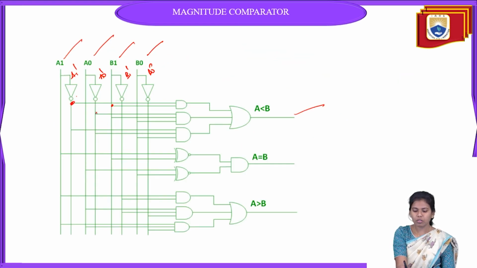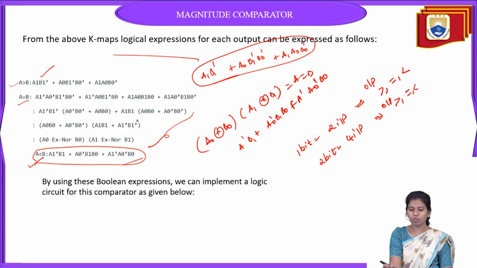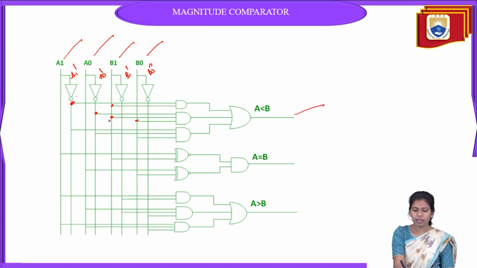So A0 bar, B1 and B0. What else? A1 bar, A0 bar, B0. So A1 bar, A0 bar and B0. Totally, these are the terms.